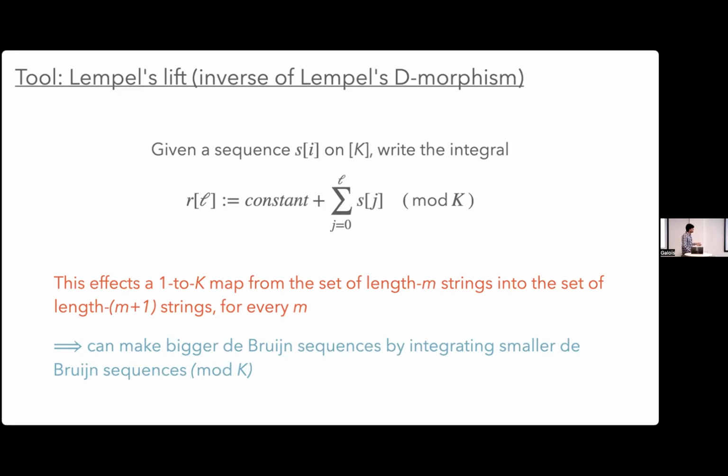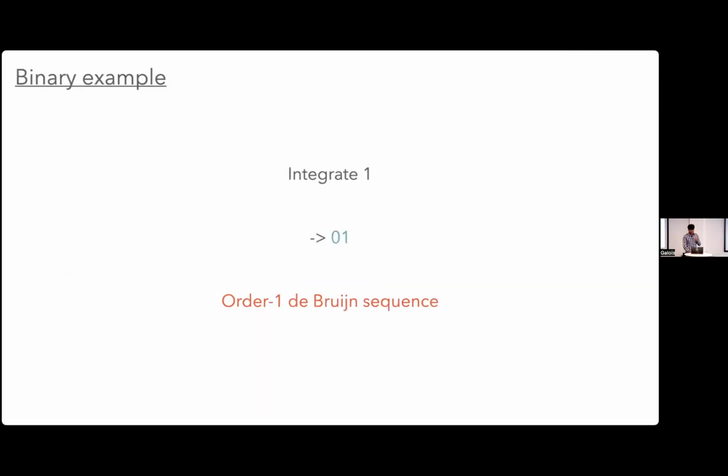So what this does is it effects a 1 to k map from the set of length m strings into the set of length m plus 1 strings for every m. And we can make bigger de Bruijn sequences by integrating smaller de Bruijn sequences modulo k. It might be confusing on this slide, but it's best learned by example. So let's build de Bruijn sequences with Lempel's lift.